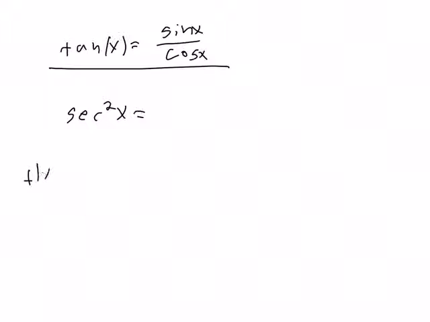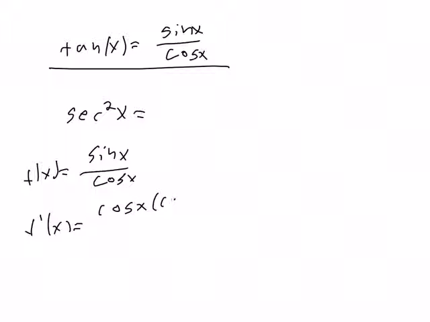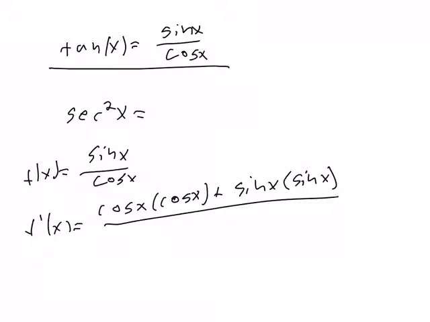So we're going to have f of x is equal to sine of x over cosine of x. So f prime of x is going to equal cosine x times cosine x minus sine x times, so this is going to be a plus sine x, all over cosine squared of x.